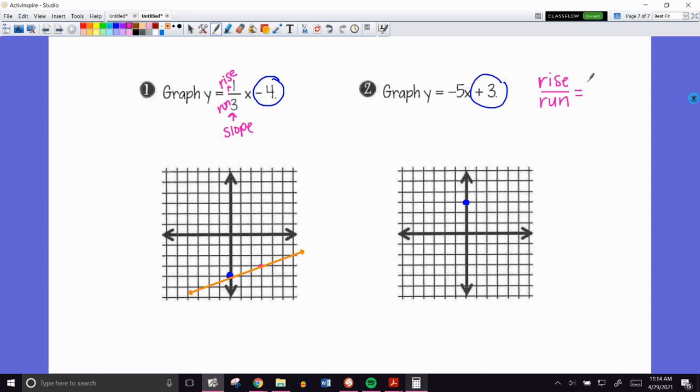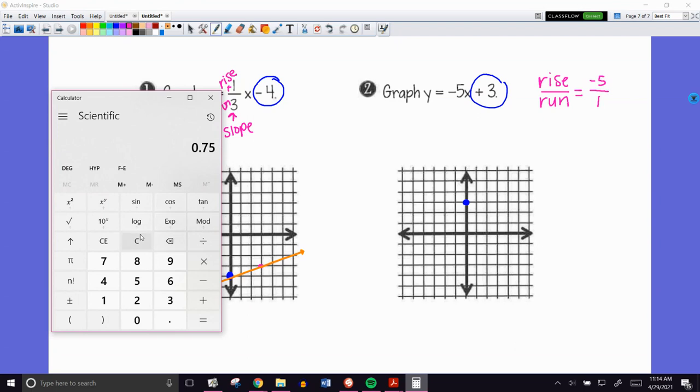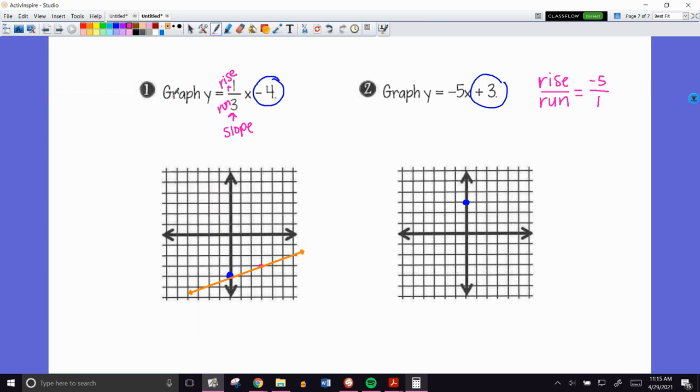So I'm going to take that -5 and make it my numerator. And in order to get -5 as my answer when I simplify, I'm going to put a 1 under it. Because if I did -5 divided by 1, it would still equal -5. And I'll prove that to you. -5 divided by 1, it gives me -5. Okay, so that's what I need it to be in my equation.